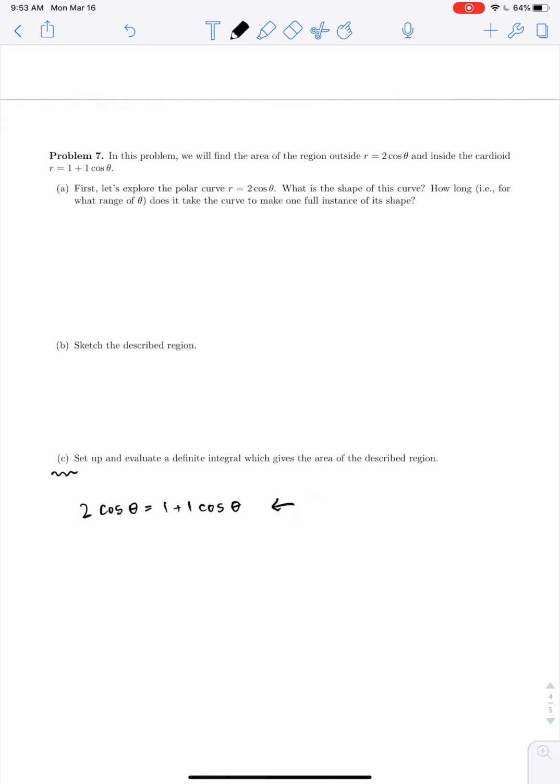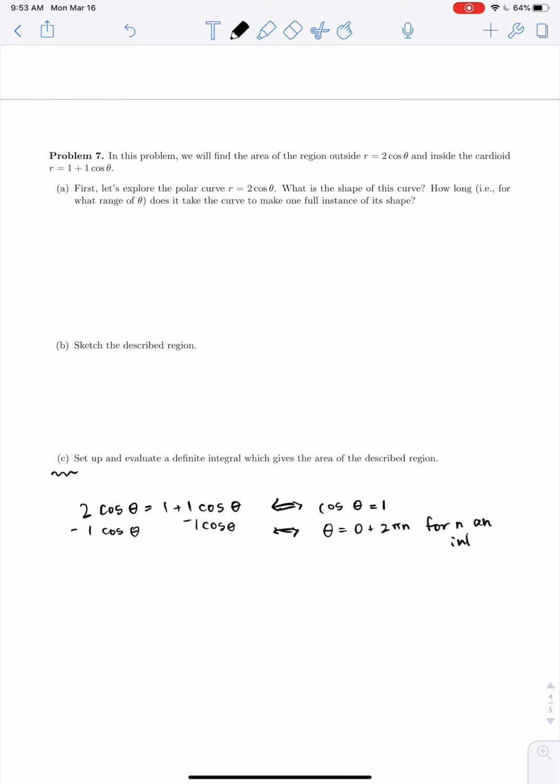We're going to get that if we subtract a cosine theta over, we get cosine theta equals a positive 1, and that only happens at theta equals 0 or 2 pi times an integer.